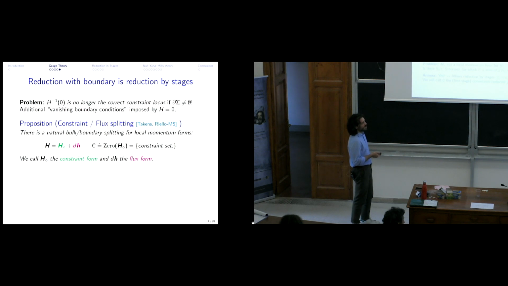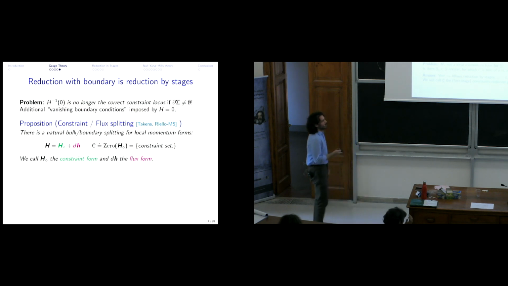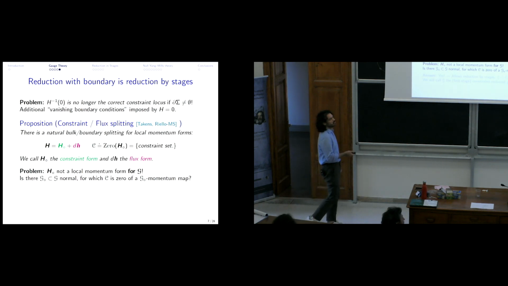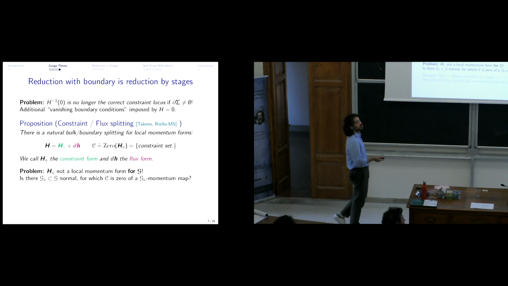So we have solved part of the problem because now we know that the constraint set is the zero level set of something. But the problem is that this H naught is no longer a momentum map or momentum form for the whole group.